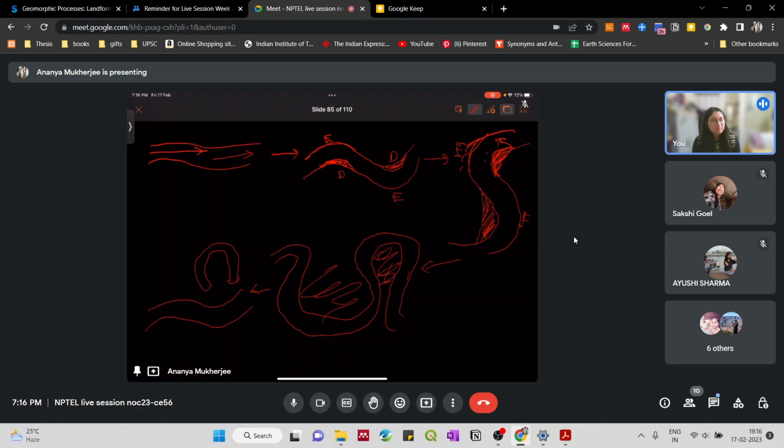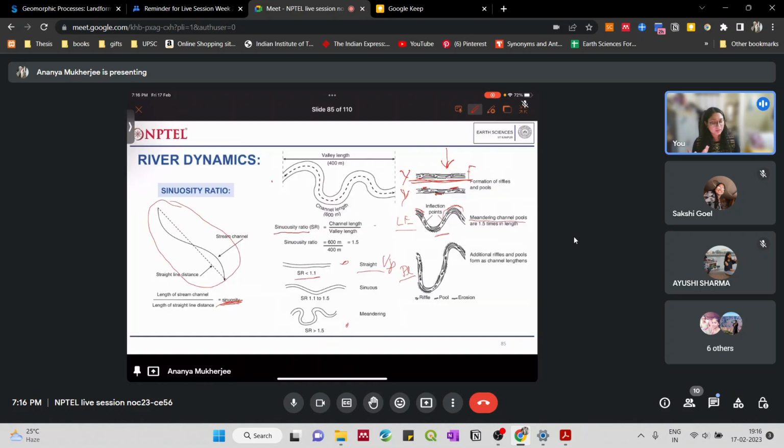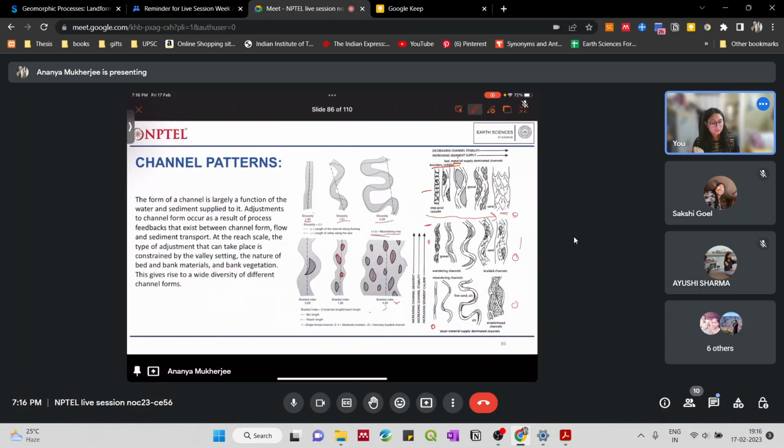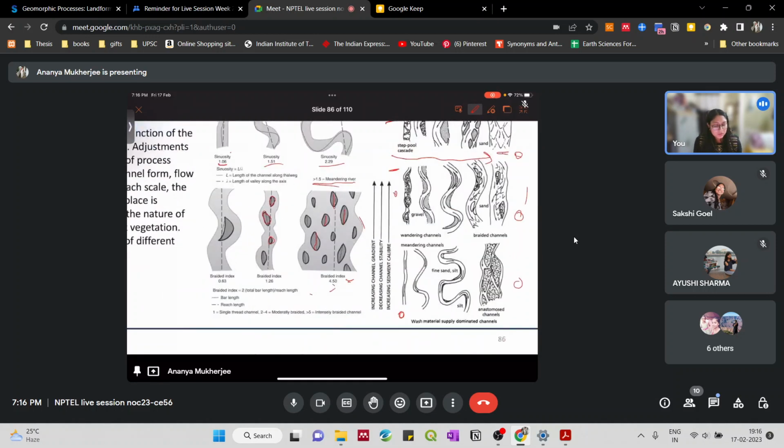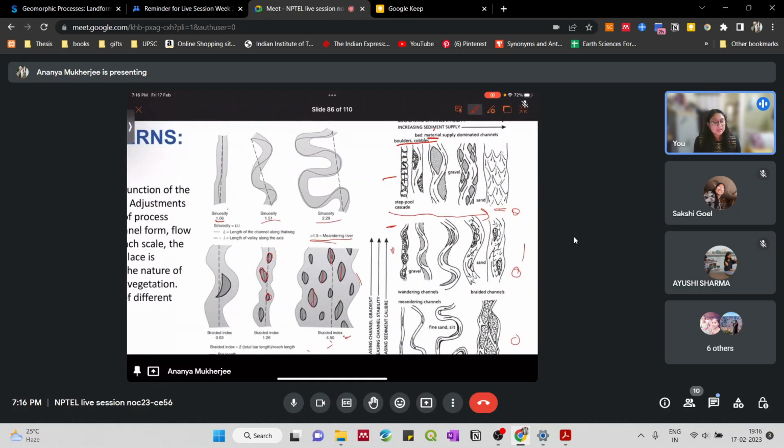So this is the only thing that I am trying to explain. Over here you can see in this diagram, at first you have the sediments and the straight channel. Then with time more and more sediments are getting deposited.